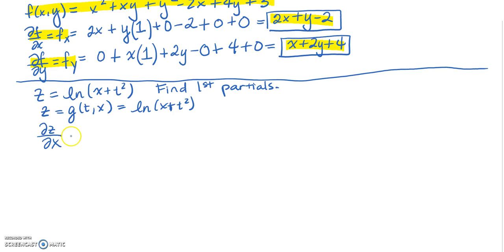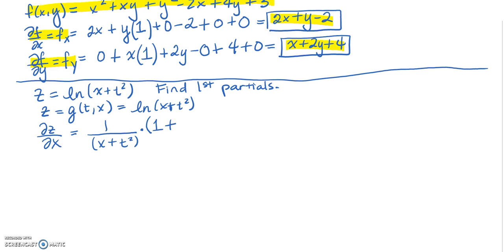It doesn't matter which order we do them in. So I have my function being the logarithm, so it's going to be 1 over the argument of the logarithm, so 1 over x plus t squared. Then I take the partial derivative inside the argument. So the partial with respect to x of x is 1.